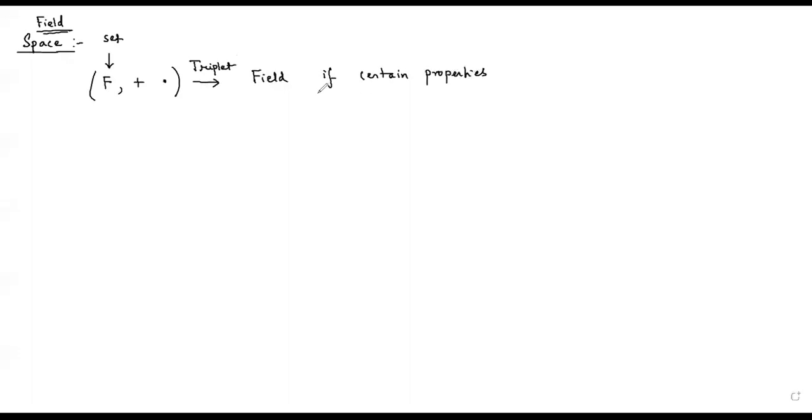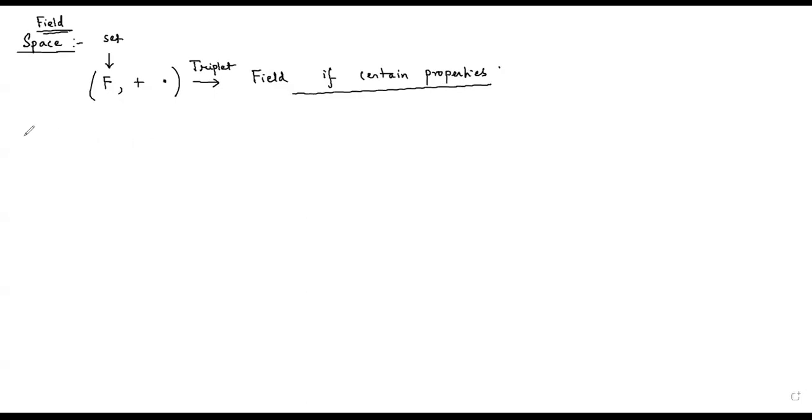We have come across all the properties, and now I'm going to show you some examples where certain sets are not fields, and certain sets are fields.